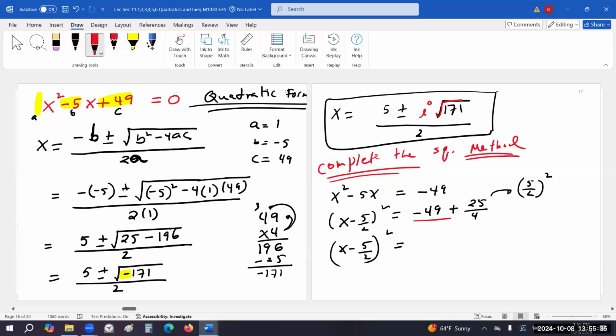We need the LCD here, so multiply top and bottom by 4. And we know 49 times 4 is 196. So negative 196 plus 25 over 4, we know this is negative 171 over 4.